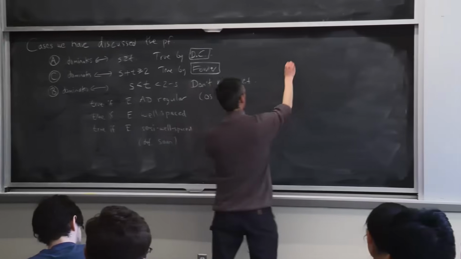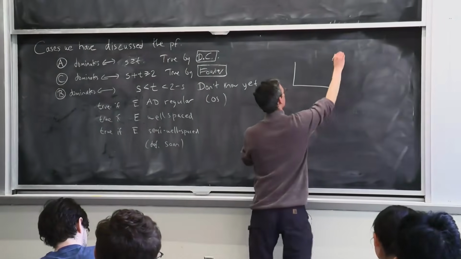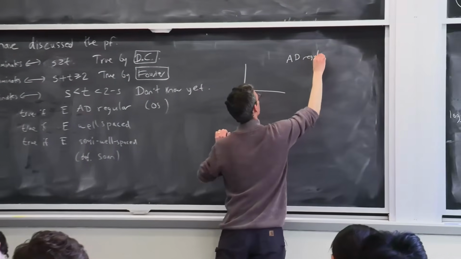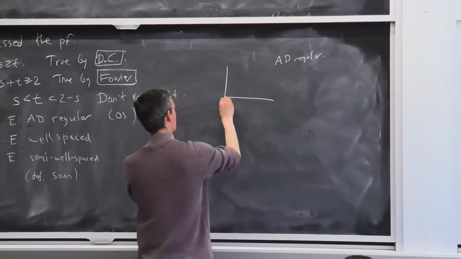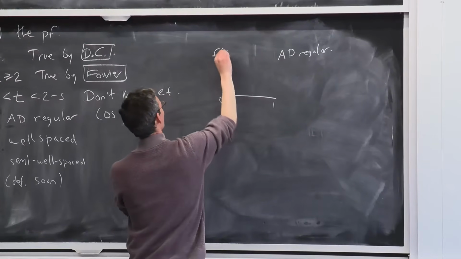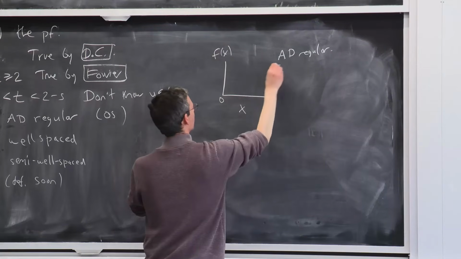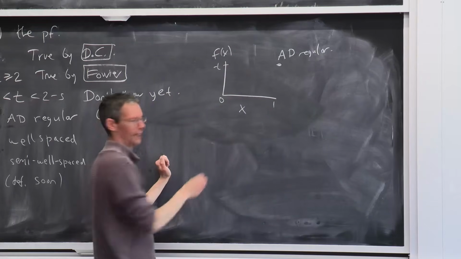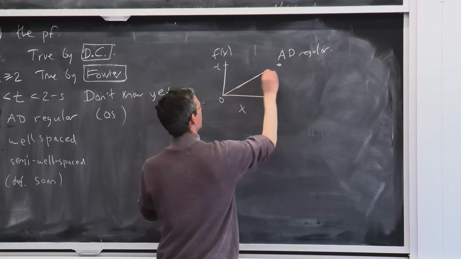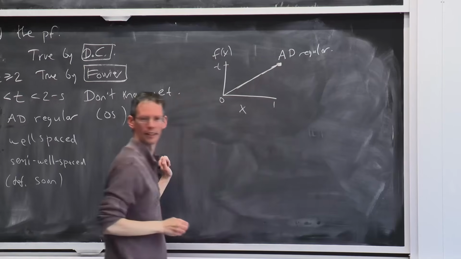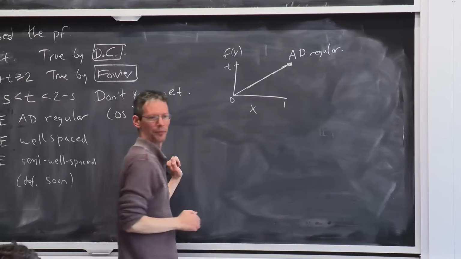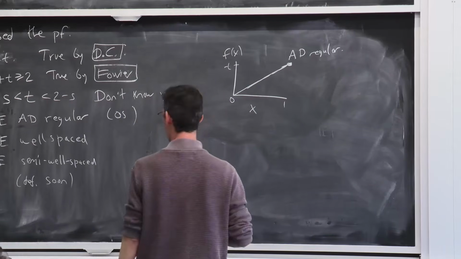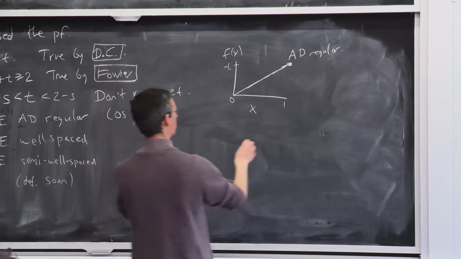OK, so for the Ahlfors-David regular set, before I draw it, picture in your mind's eye, what does the branching function look like? It is a straight line. OK, the well-spaced example.